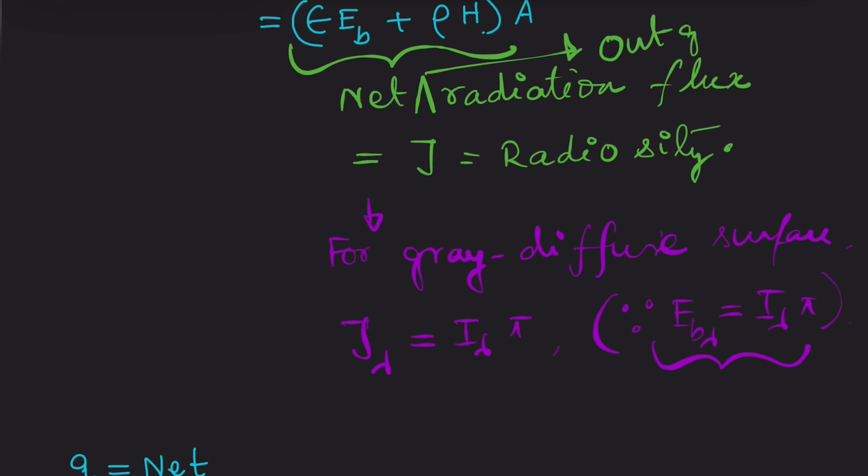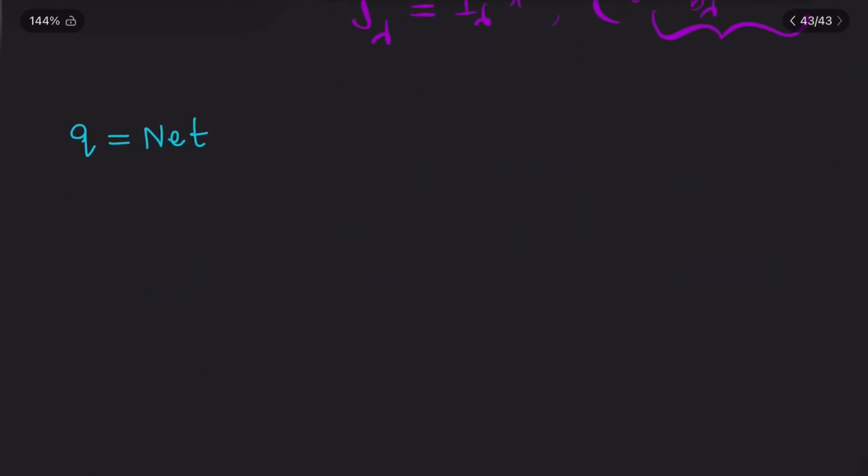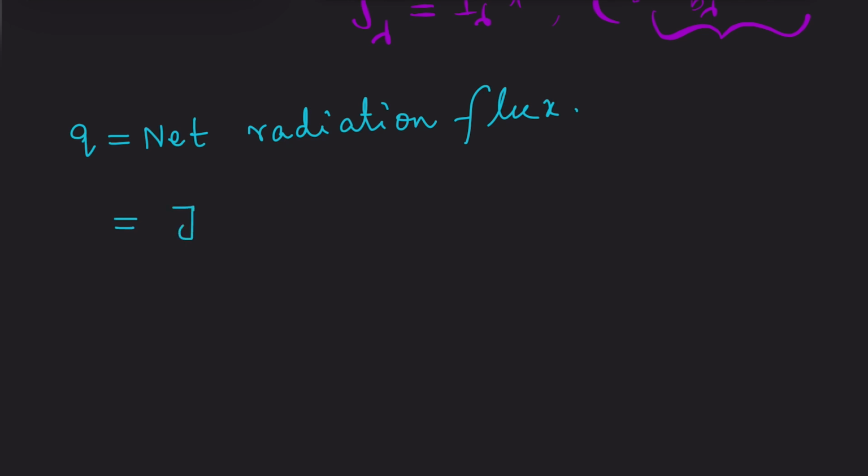So if Q is my net outgoing radiation flux, then I can write it as my J, which is the total emission, minus what is being absorbed, or J minus H.